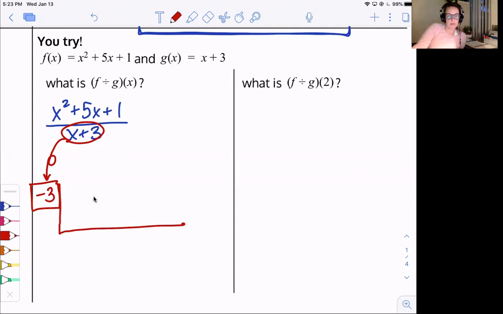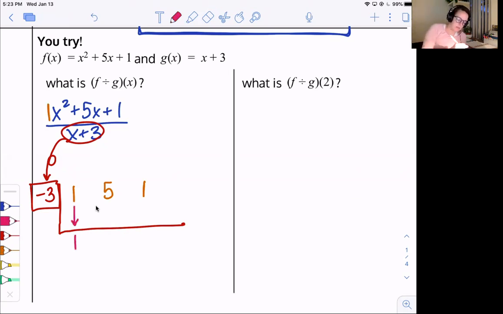And then I need to put my coefficients up here. So I have 1x squared is my x squareds, then my x's, positive 5, my number, positive 1. So I have my x squareds, x's, constants, my number by itself. Right? So as I do this problem, I'm going to pull down positive 1.